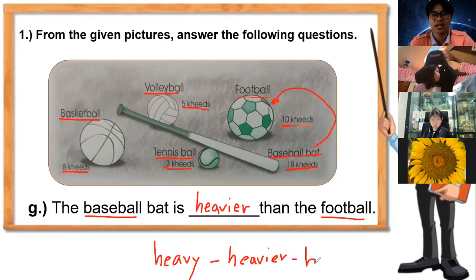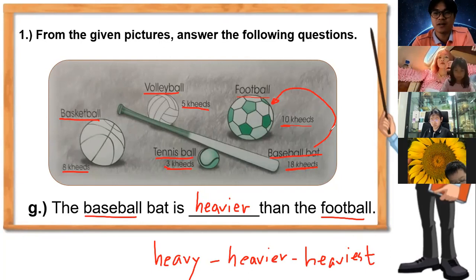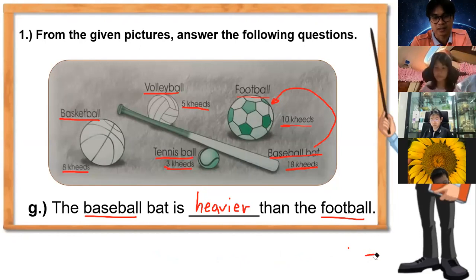If you are comparing three or more, add est. So you already have the idea here. The opposite of heavy is light, which we will also learn later. This one is heavier than the football.